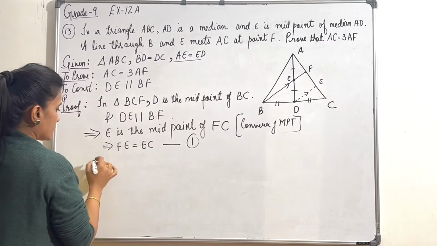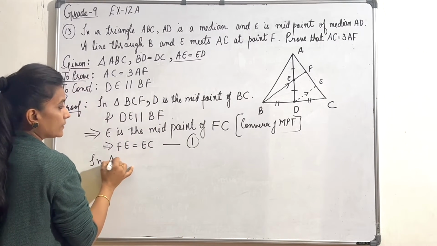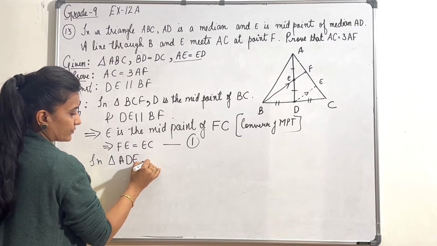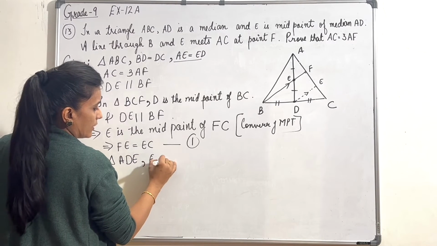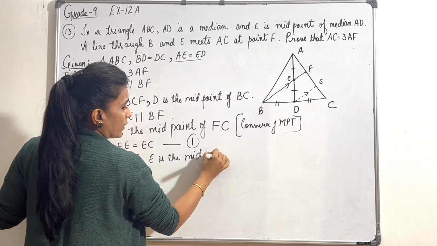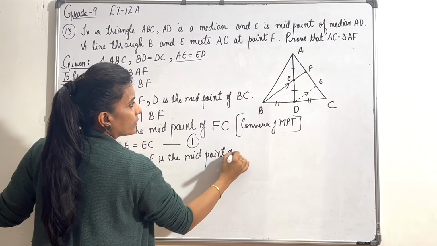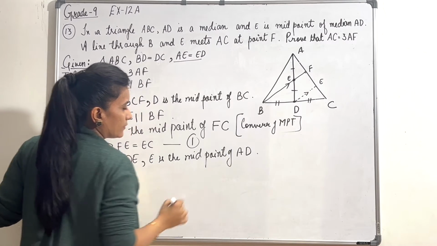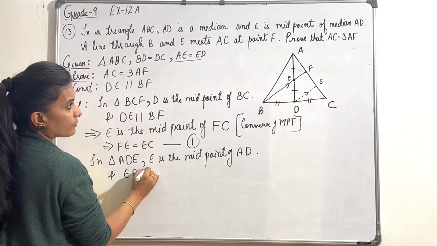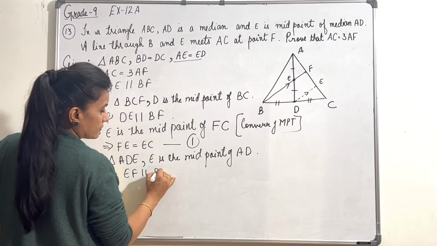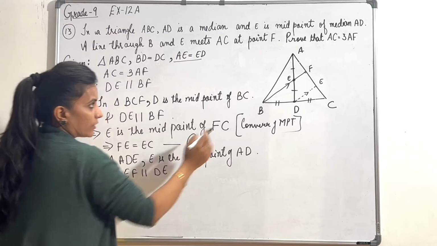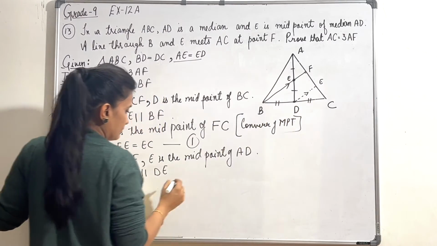So let's write down this. In triangle ADE, E is the midpoint of AD and EF is parallel to DE. This is by construction, okay? EF is parallel to DE.